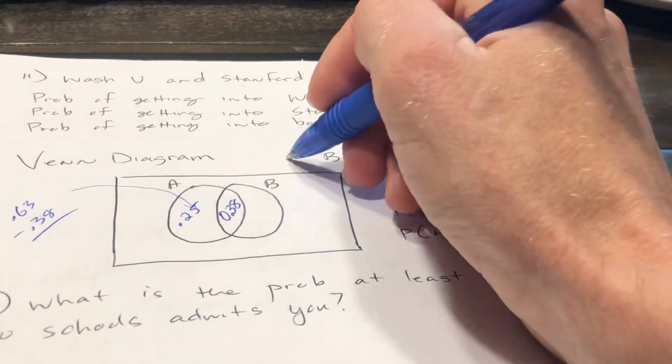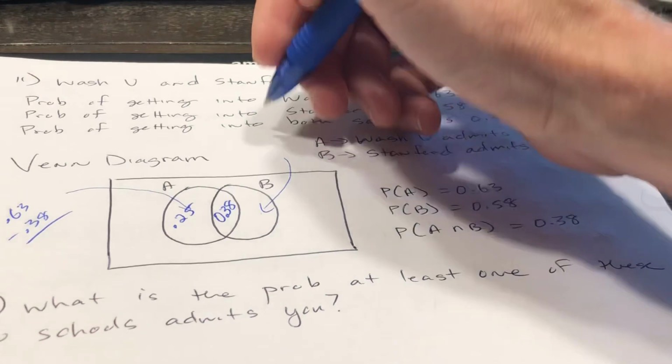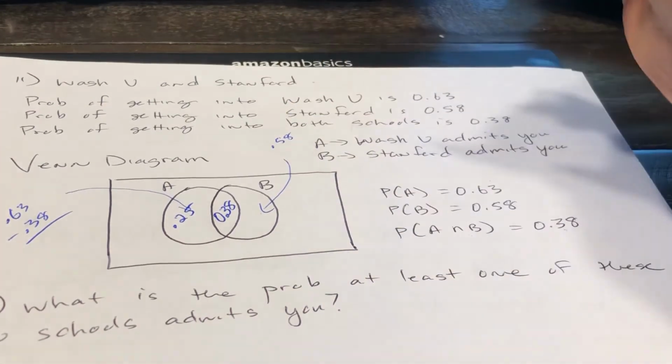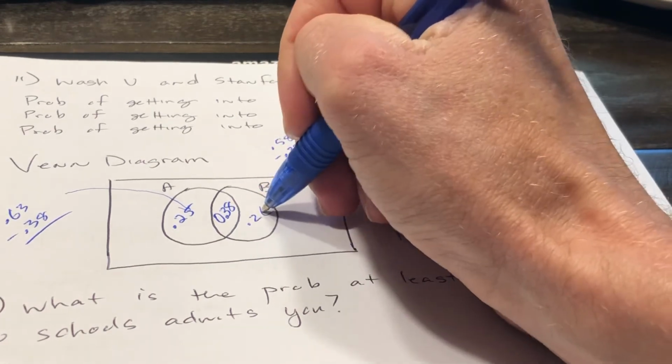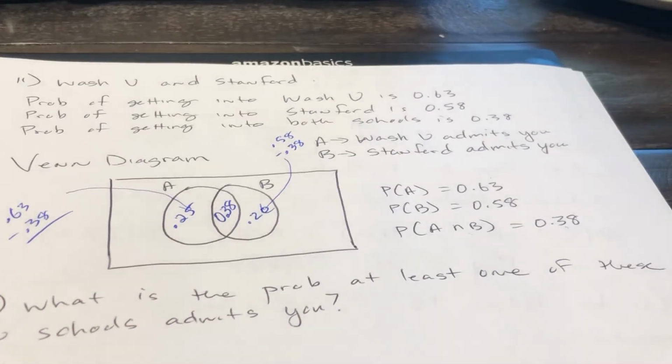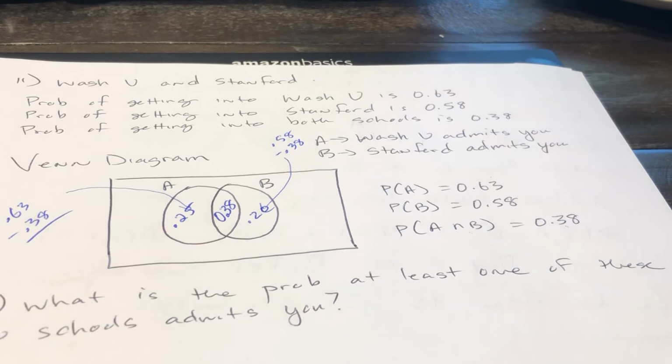What goes into this only B part is 0.58 minus 0.38. That's 0.20. All right. Now, if you add up those numbers, it does not add to 1. That's because there is hopefully a small chance neither school admits you.